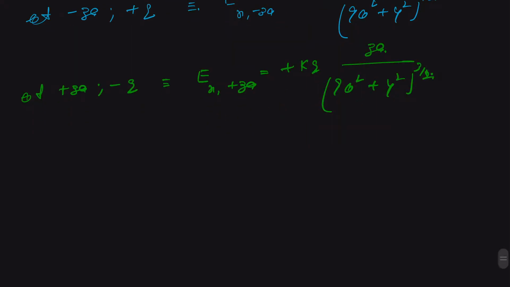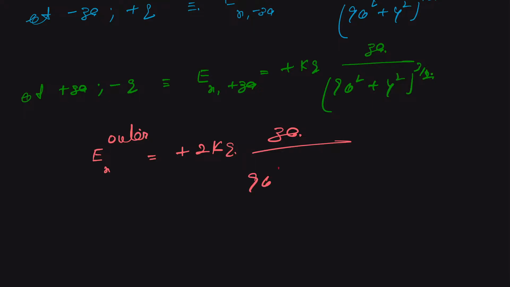Now we can find out our total electric field because of our outer charges, which will be equal to plus 2kq 3a divided by (9a² + y²)^(3/2), and it will be rightward. Okay. And it says that our x component should be equal to 0, total x.